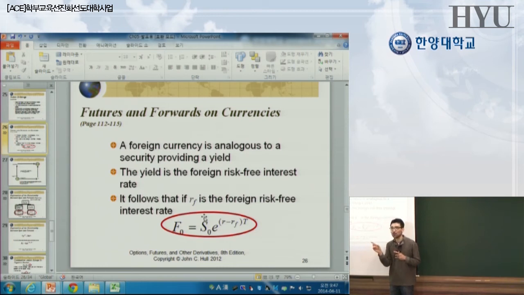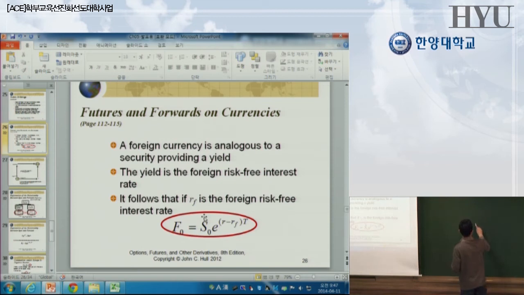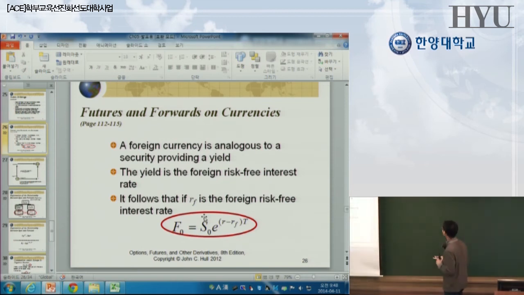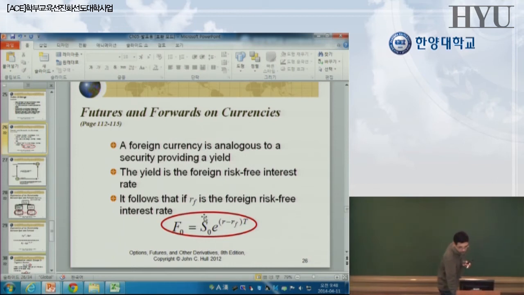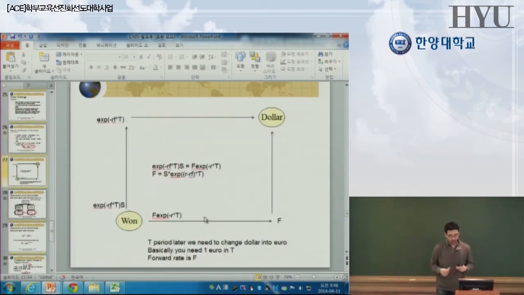Right? So in the previous case, I wrote down the euro dollar relationship. In the euro dollar relationship, actually I was not wrong. I wrote down this way.